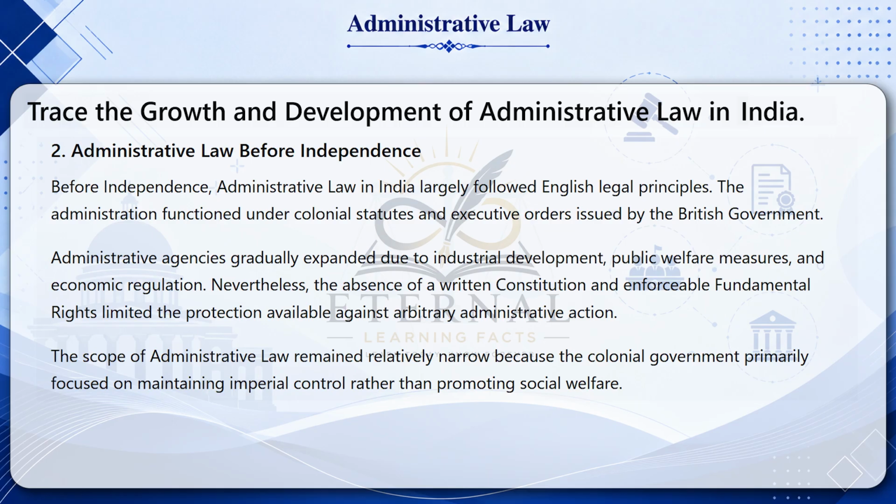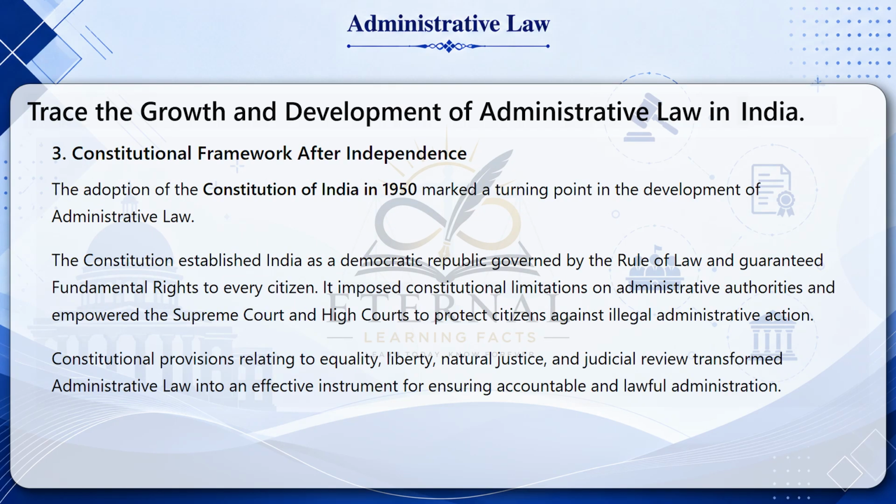Nevertheless, the absence of a written constitution and enforceable fundamental rights limited the protection available against arbitrary administrative action. The scope of administrative law remained relatively narrow because the colonial government primarily focused on maintaining imperial control rather than promoting social welfare.